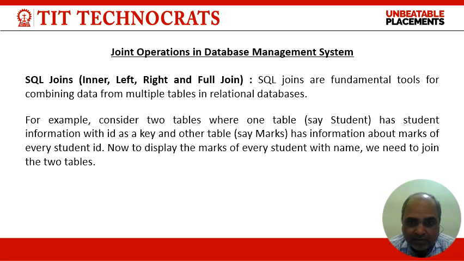The other table, the marks table, has information about the marks of every student ID. So I take two tables: one is a student table and another is a student marks table. Now to display the marks of every student with name, we need to join these two tables.